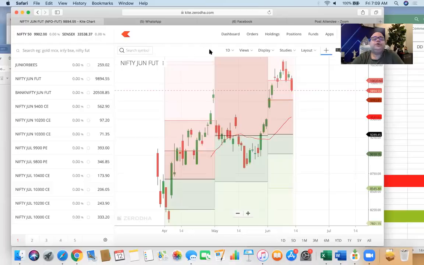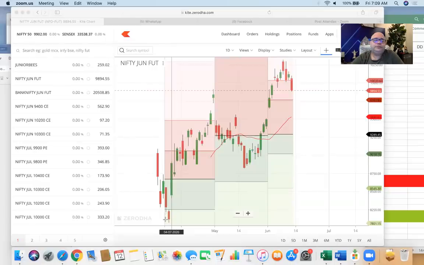Basically, if you draw a trend line from 7500, this trend line comes at about, you can say, about 9600.